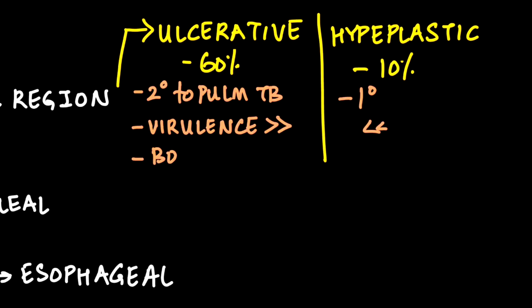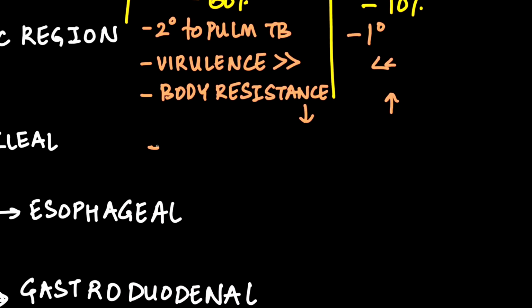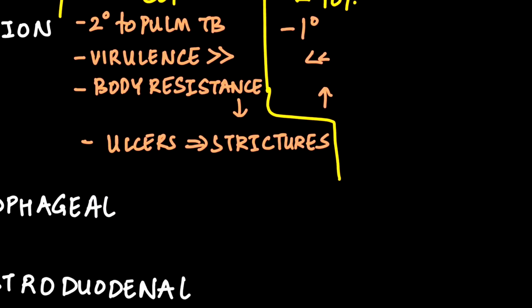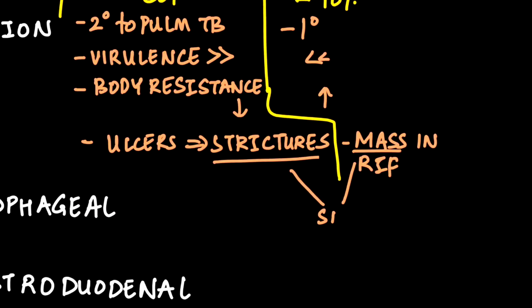The body resistance in cases of ulcerative is low, whereas in a case of hyperplastic, the patient has good body resistance. It usually leads to formation of ulcers, which when heal leads to formation of strictures. On the contrary, this hyperplastic usually presents as a mass in the right iliac fossa, and due to this stricture as well as mass, both of these patients can present with subacute intestinal obstruction.